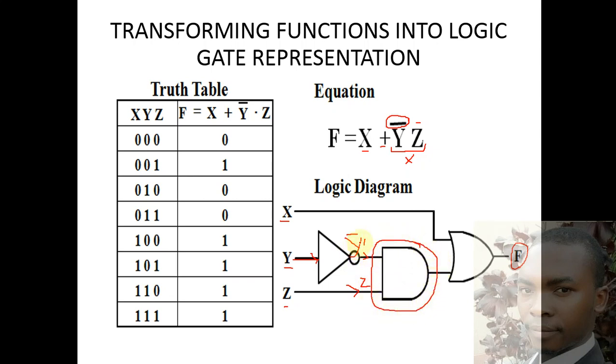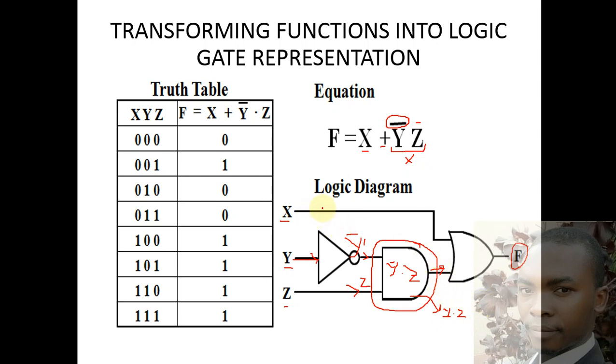So we pass not y and z in the AND gate, so inside here we have this times the z, and what comes out here is not y times z.